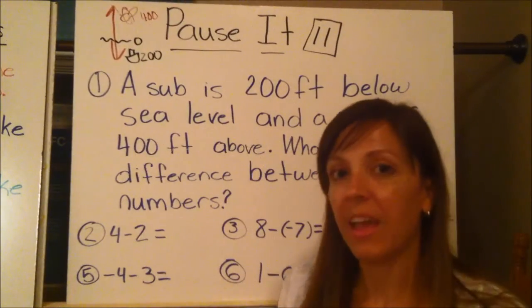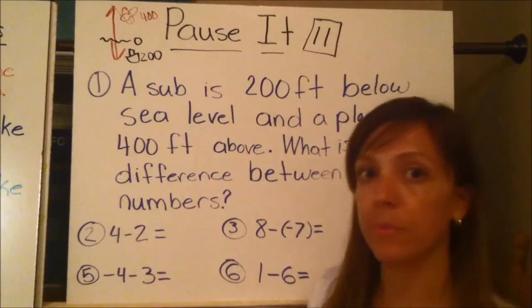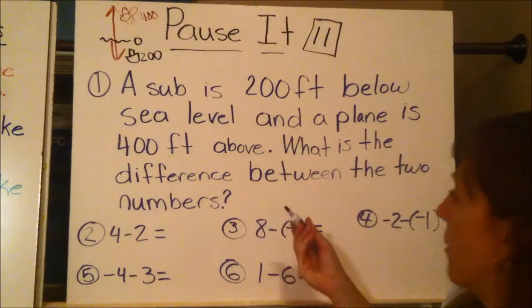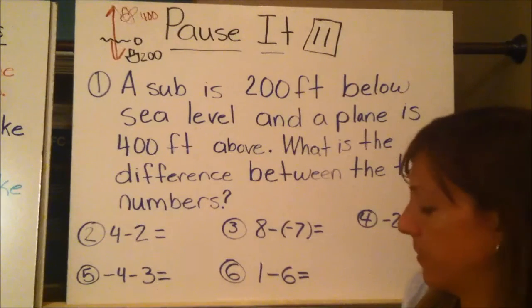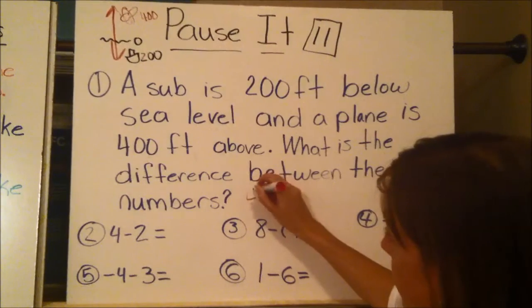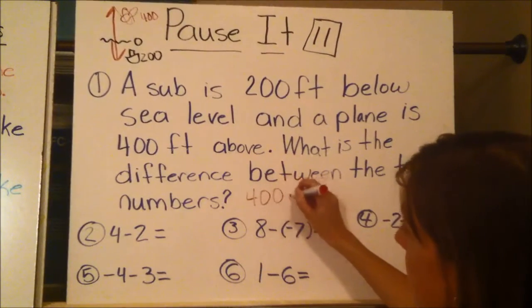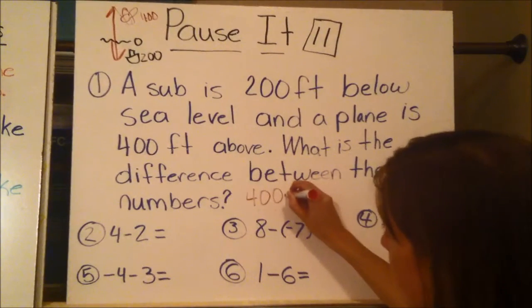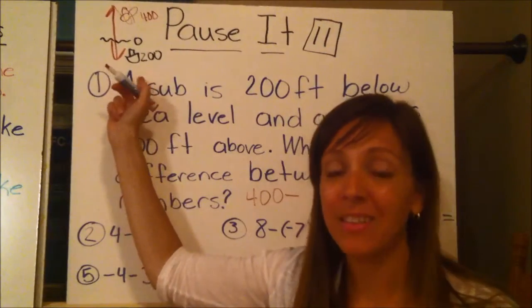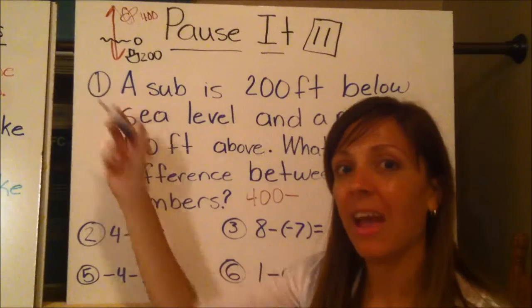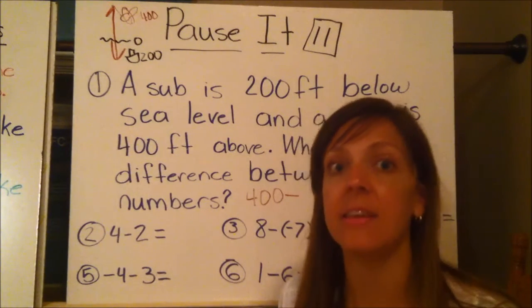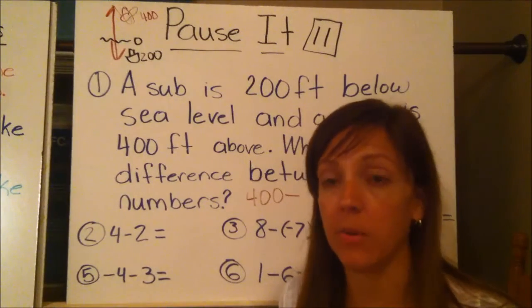All right. And I'm looking for the difference between those two. It says, what is the difference between the two numbers? Well, another way I could write this is 400 minus, and since this is below sea level, that's going to be a negative number. I'm looking for a difference, so I know I'm subtracting, because subtracting is finding a difference between numbers.